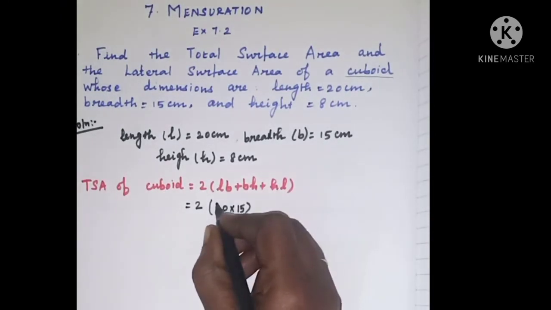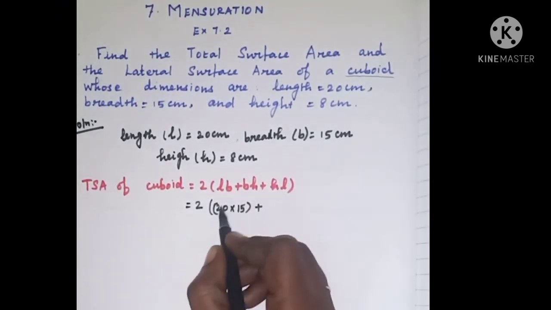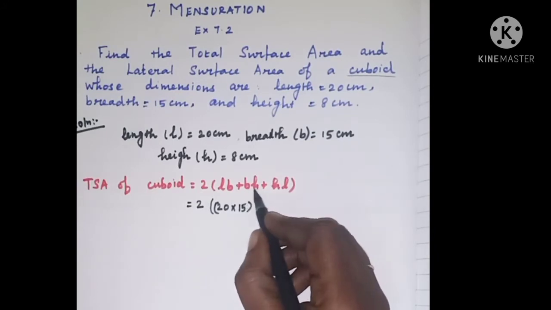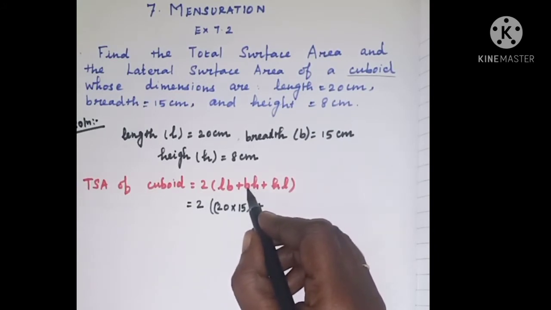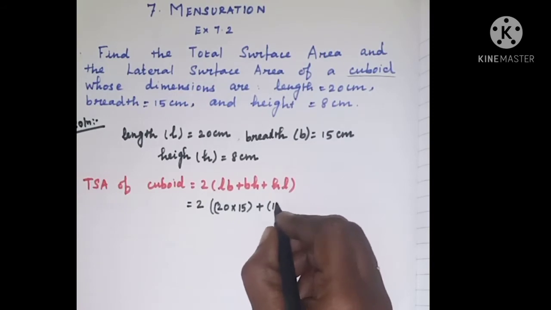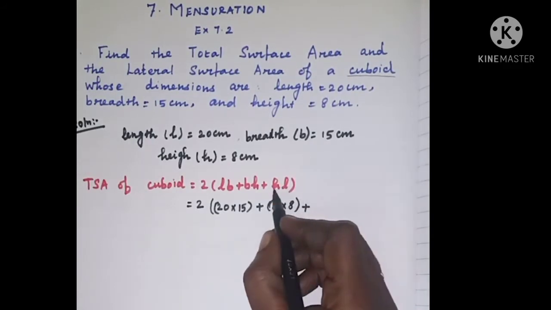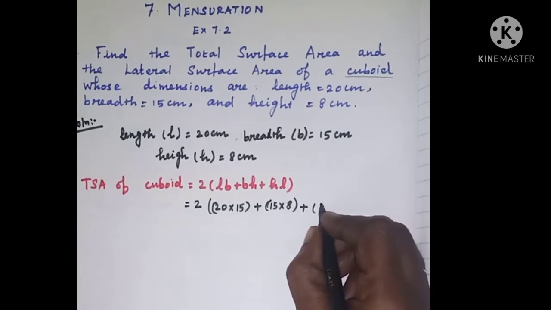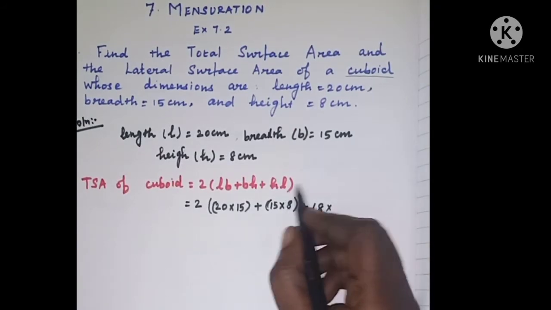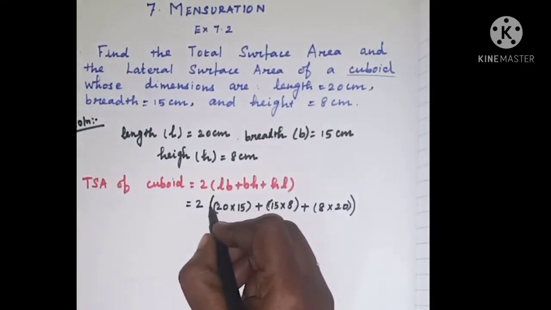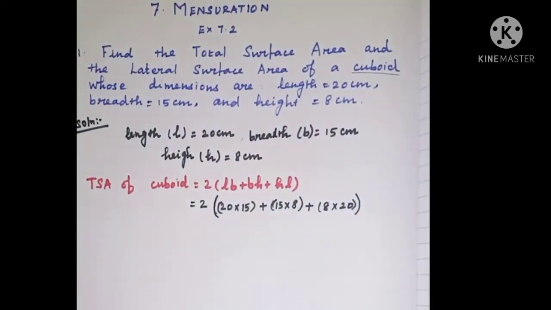So 20 into 15 plus BH. The value of B is 15, so 15 into, what is H? H is 8. So 15 into 8 plus HL. Height is 8 centimeter and length L is 20 centimeter. So substitute all the values of L, B and H.